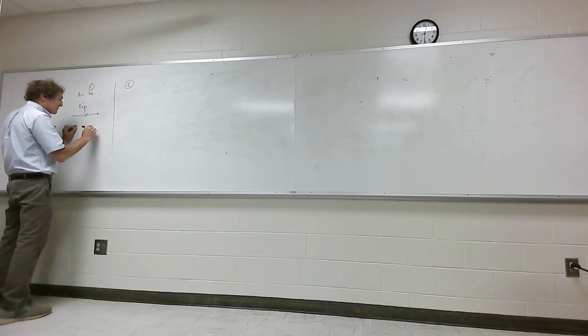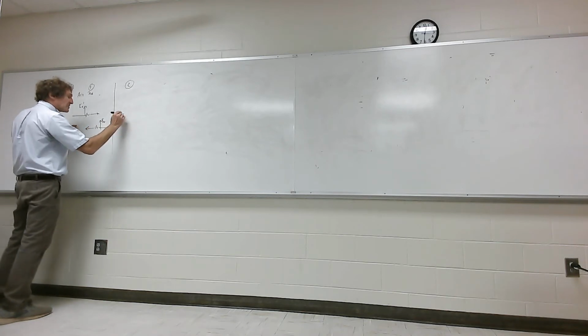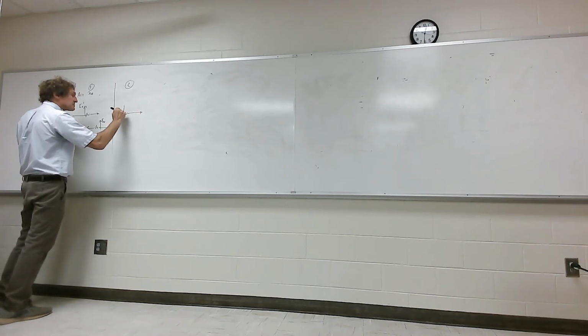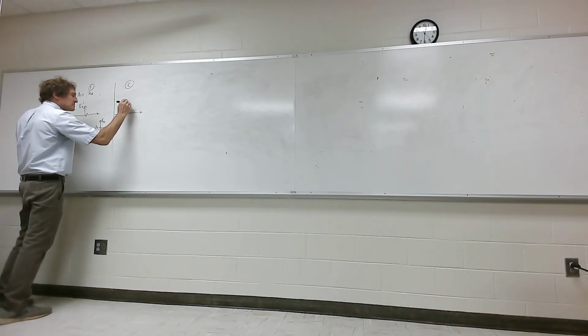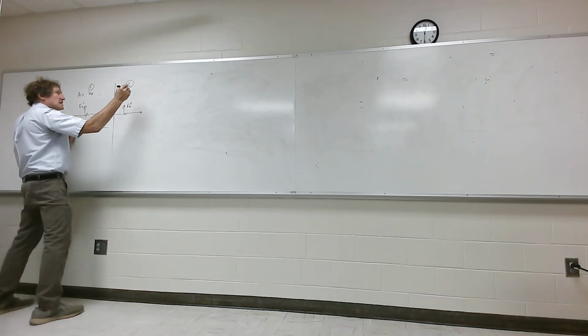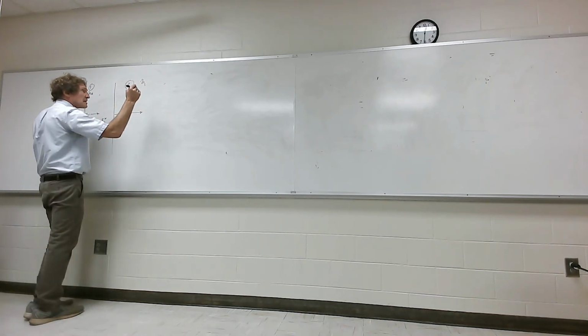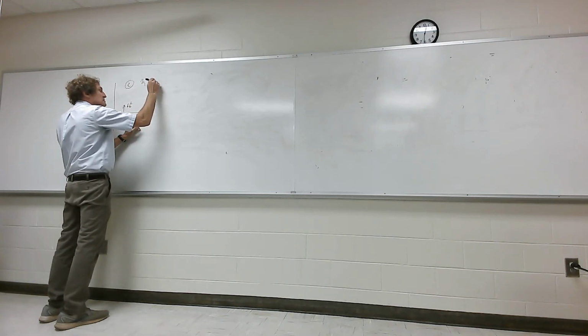You know you're going to get a reflected wave, right? And you're going to get a transmitted wave. E0 reflected. And if this has some value of eta 1, and it could be lossy, but for now we're going to assume this is lossless.